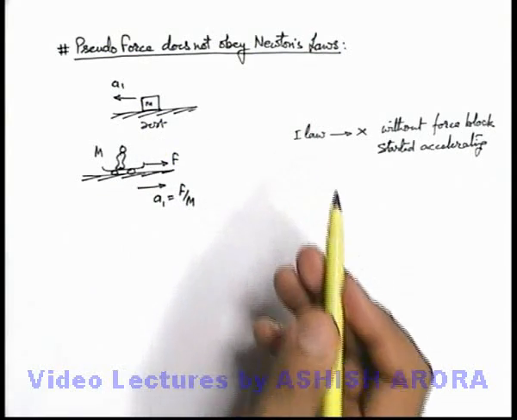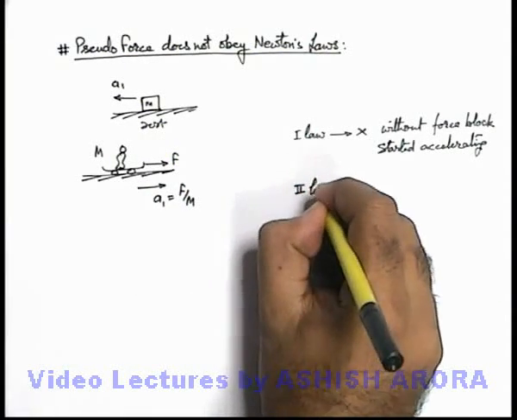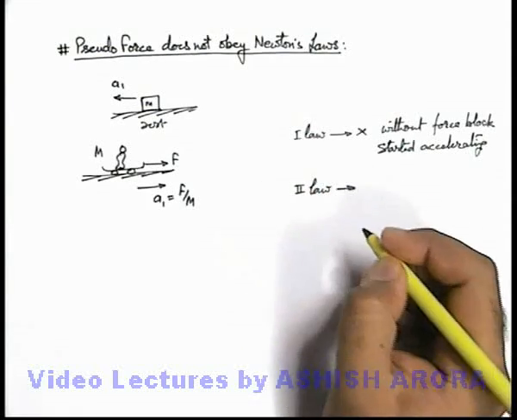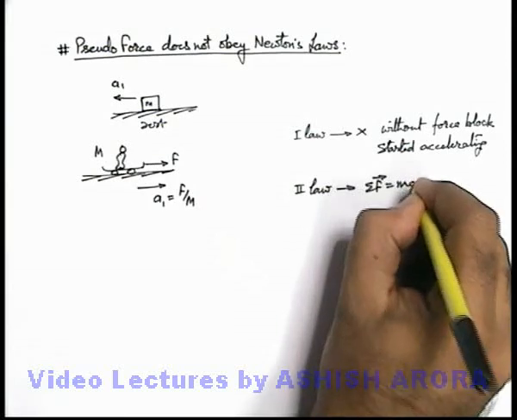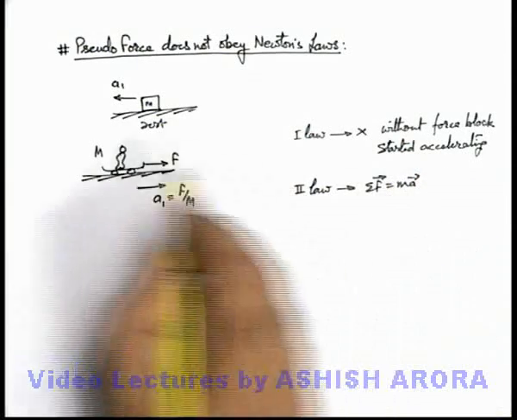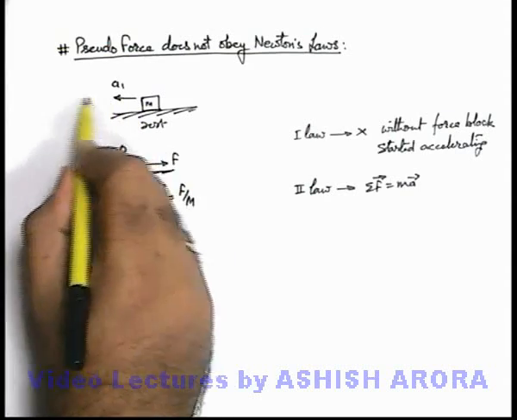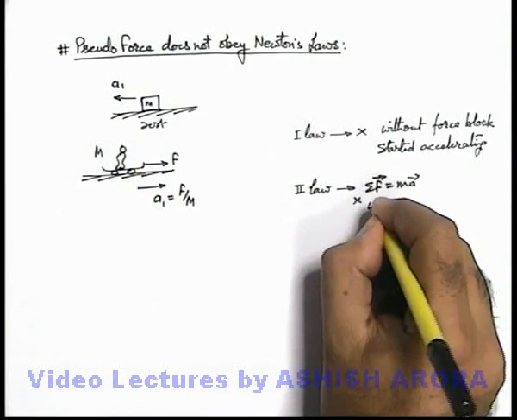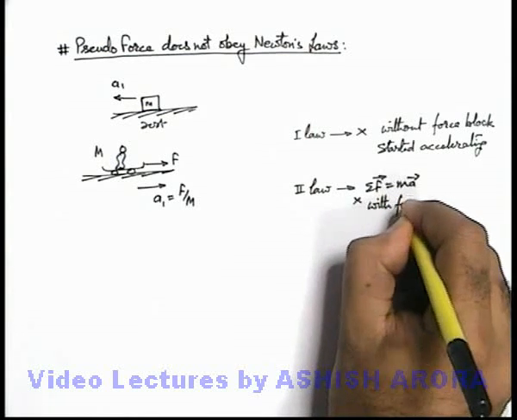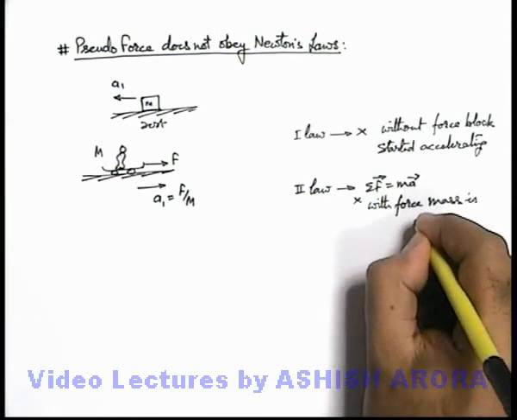So Newton's first law is not valid. If we again think of the second law, which is the law of unbalanced forces, which says the sum of all forces acting on the object is mass into acceleration, here you can see no force is acting on it, but still it is continuously accelerating. So this is also not valid, as without force, the mass is accelerating.